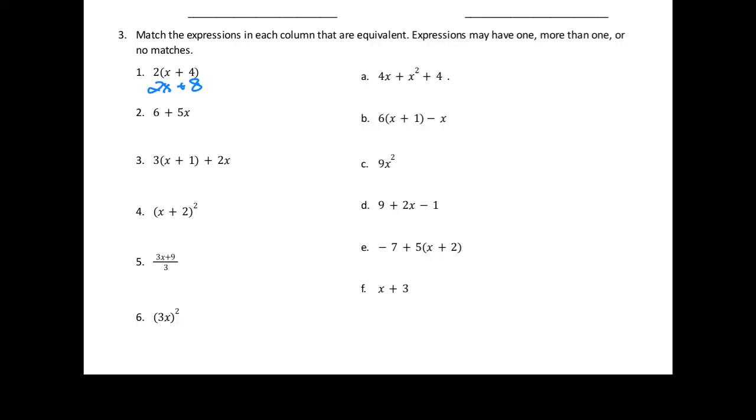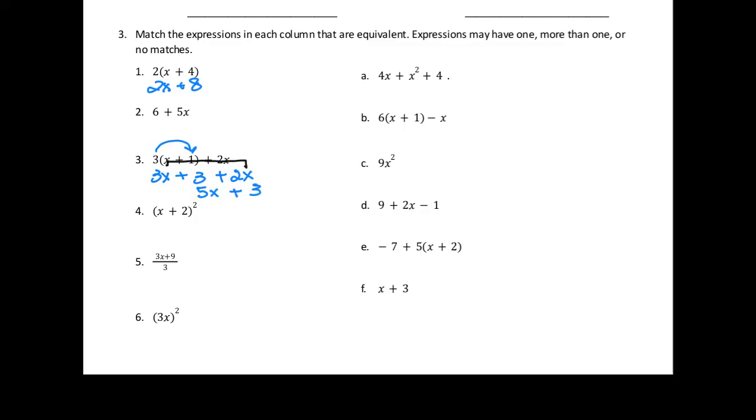And that's the first thing I'm going to do with all of these. For number 3, that would be 3 times x plus 3 times 1 plus 2x. And then you have like terms of 3x plus 2x, which you can simplify to 5x plus 3.